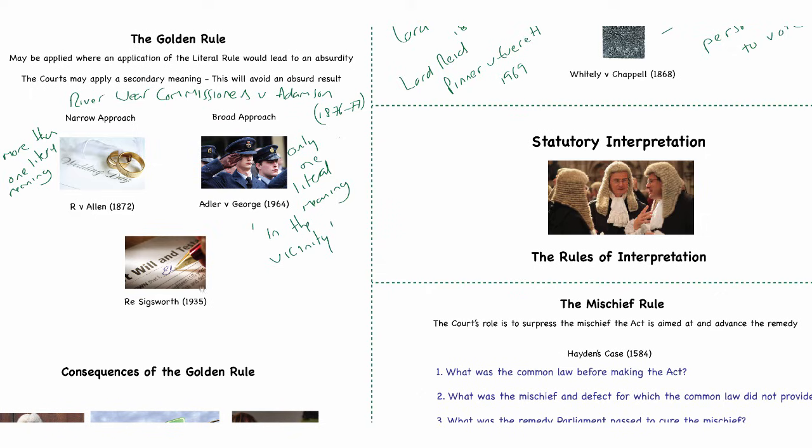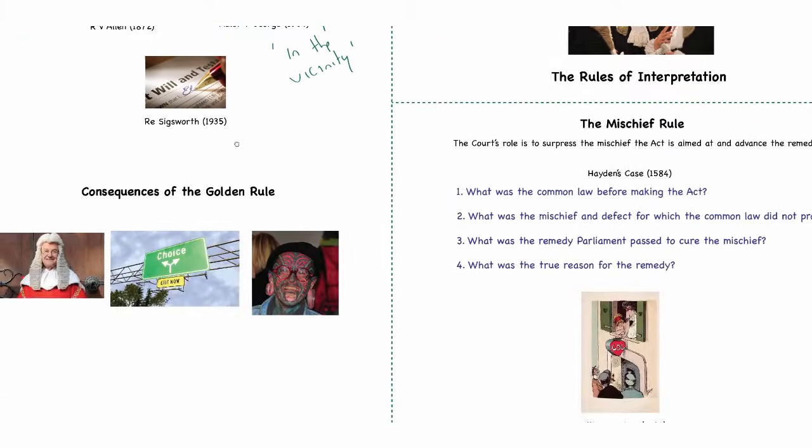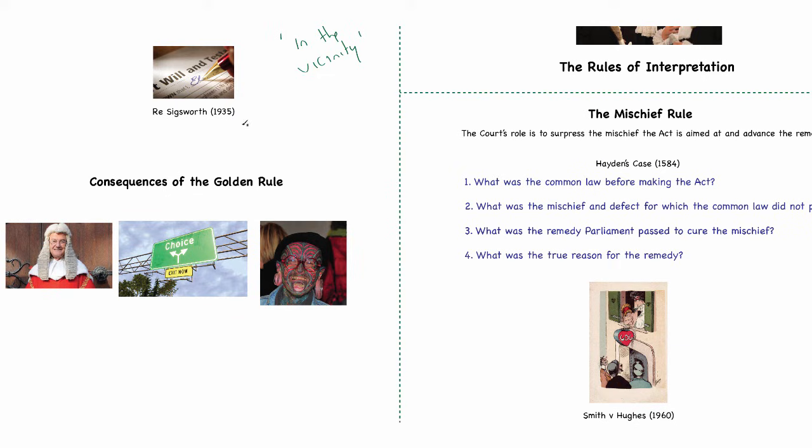Now, I've put one more here, just as a way of demonstrating, and that's Re Sigsworth in 1935. In that case, a son murdered his mother. She had not made a will, and under the statute setting out the law on intestacy, that is, what happens when somebody hasn't made a will, he was her sole heir, and therefore stood to inherit her entire estate.